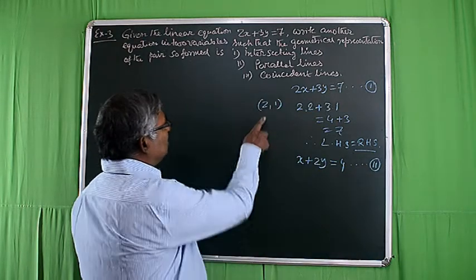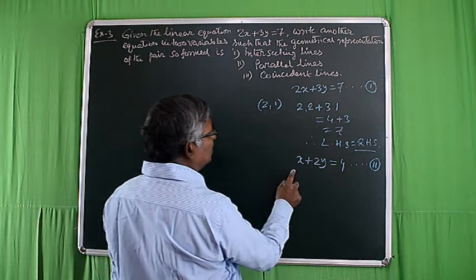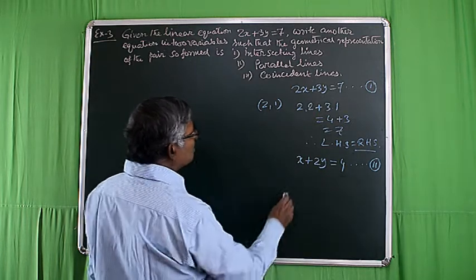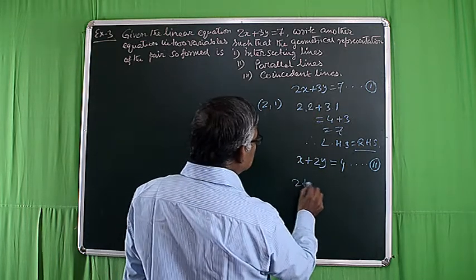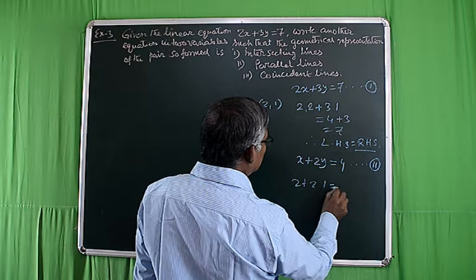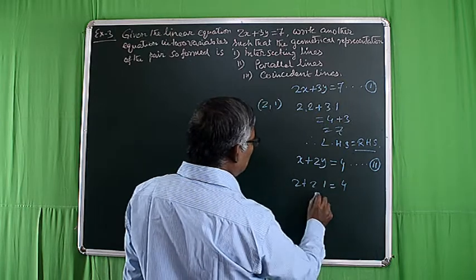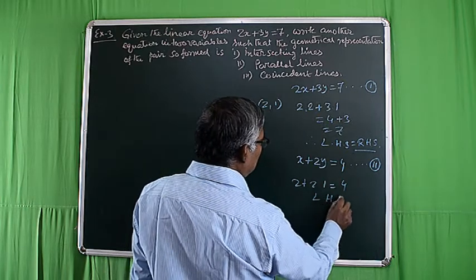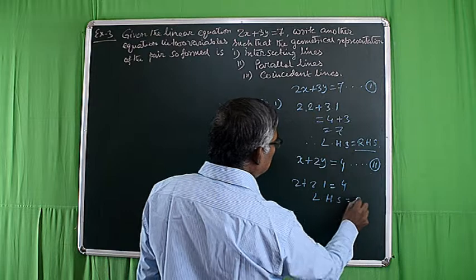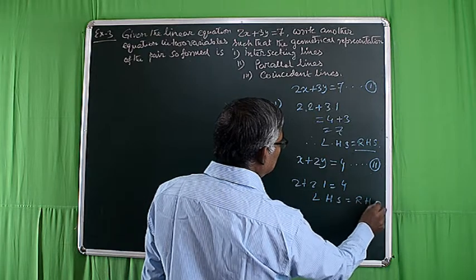Here see the point (2, 1) also lies on equation number 2, because 2 plus 2 into 1 equal to 4. Therefore left hand side of 2 equal to right hand side.